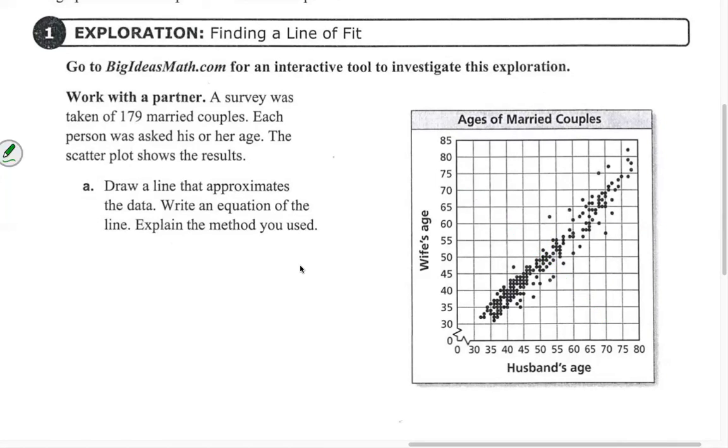What I do want to do is draw a line that goes straight through my data. Now everybody draw a line that goes straight through their data. I'm going to draw mine a little better.